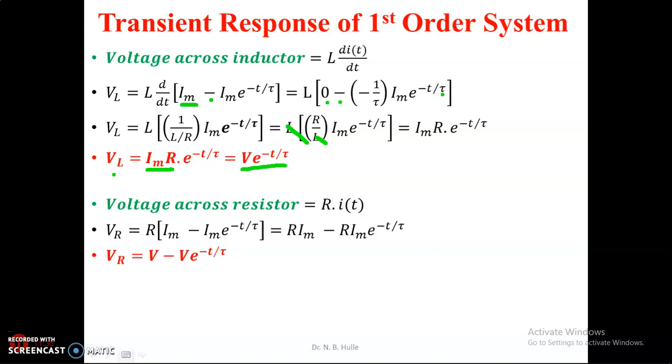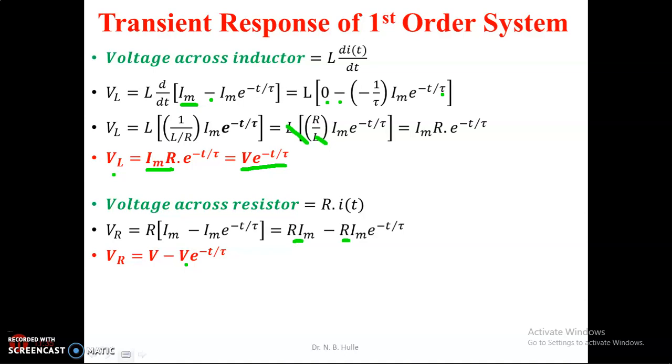Similarly, the voltage developed across the resistance is given by the formula R into IFT. That is, the voltage across the resistor: R is the constant term, and IFT is Im minus Im into e raised to the power of minus t by tau. Here if we multiply by R, we get R into Im minus R into Im into e raised to the power of minus t by tau, and R into Im can be replaced by V. This is V minus V into e raised to the power of minus t by tau.